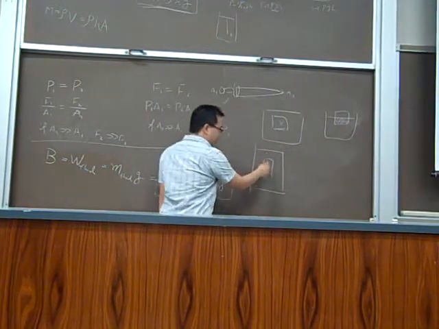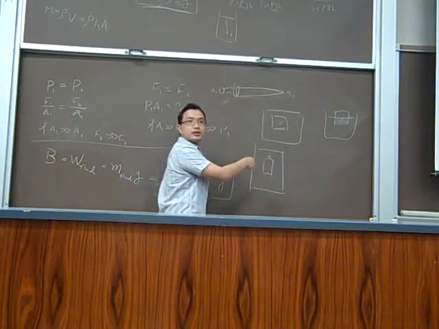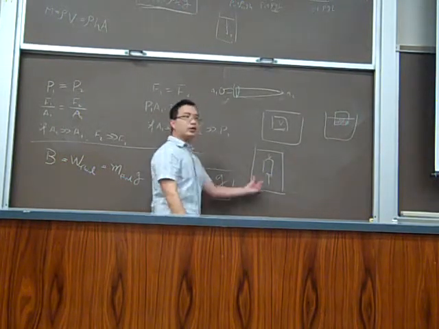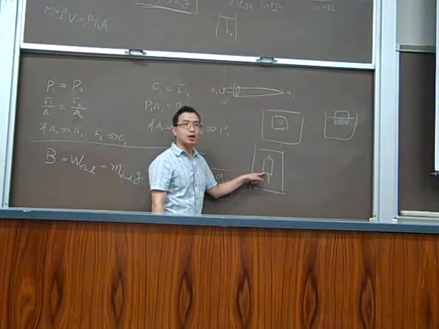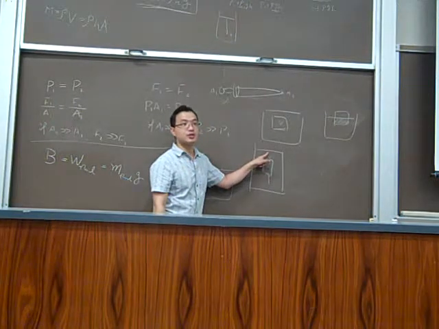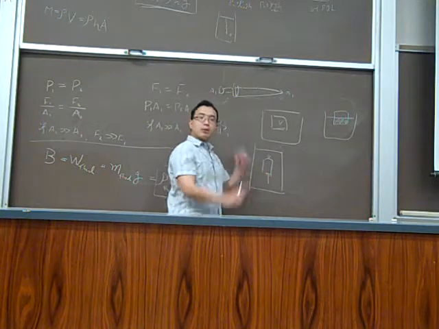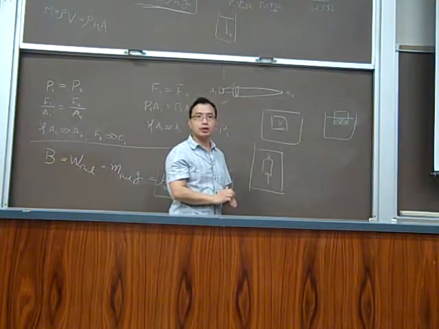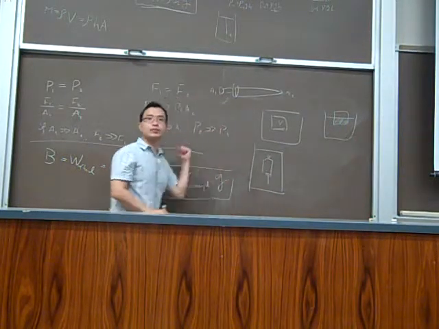It will feel some pressure from the water above it, and it feels pressure from the water below it, upward. Since the pressure at a deeper place is larger, the upward force is larger than the downward force. This pressure difference produces the buoyant force.